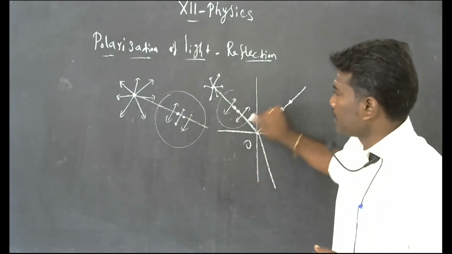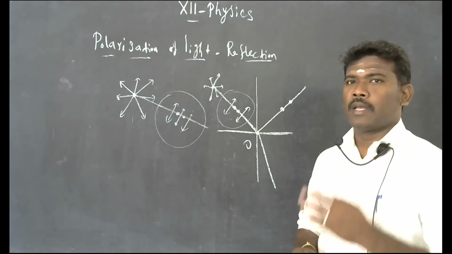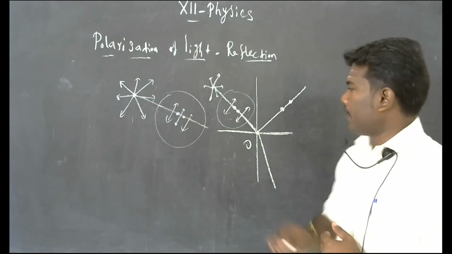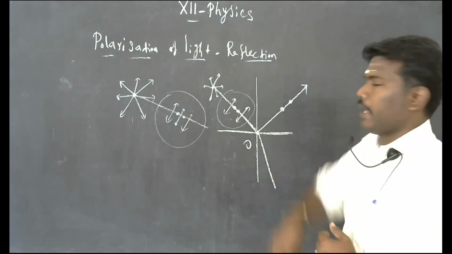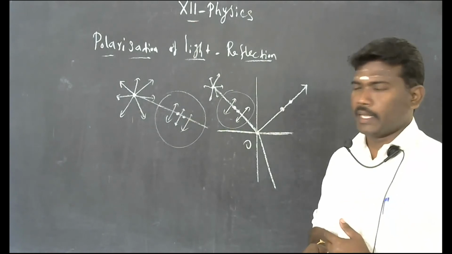So in unpolarized light, we have two different types of vibration. Some of the vibrations are parallel and some are not parallel to the reflecting surface. But the reflected ray contains only the vibrations parallel to the reflecting surface.